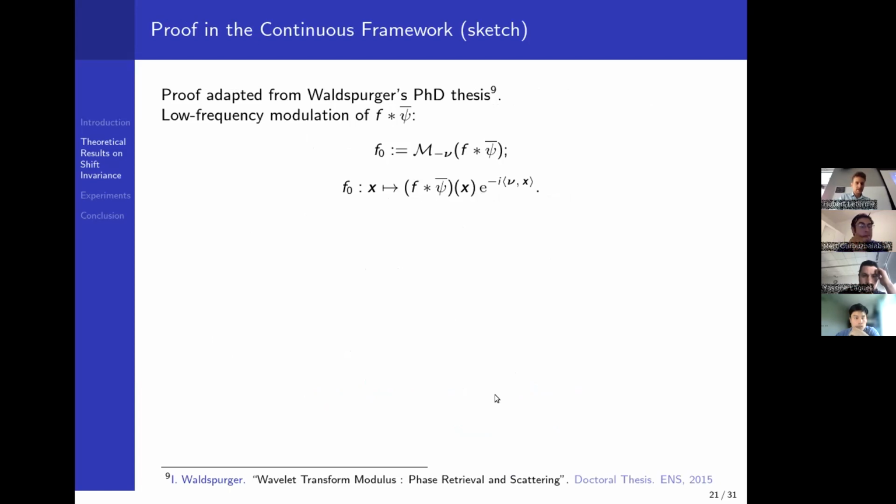So I will just give a very quick sketch of the proof, which is adapted from Irene Waldspurger's PhD thesis. So we consider a low frequency modulation of f convoluted with psi, which we denote by f0.